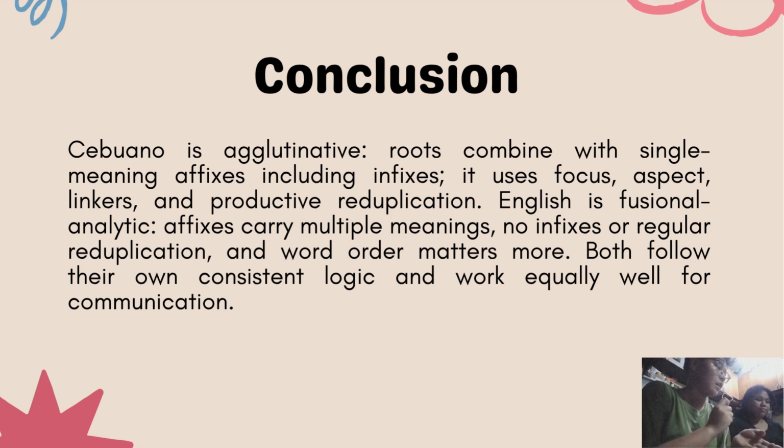It relies on affixation, compounding, conversion, and word order. Its affixes carry multiple meanings, and it lacks infixes and regular reduplication. This comparison shows how each language follows its own consistent logic. It improves learning, highlights linguistic diversity, and proves both systems are equally effective for communication.